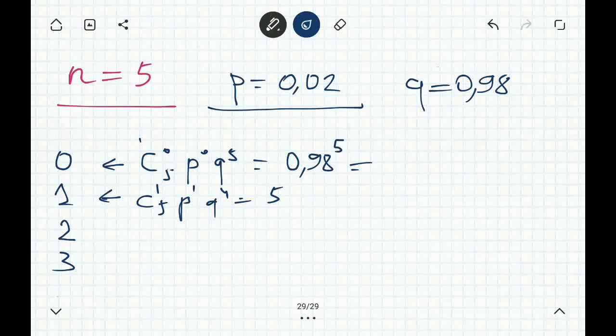Okay, so it's 0.90 approximately. Excuse me. Okay, so here we have 0.02 times 0.98 power 4.